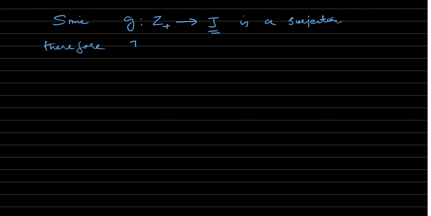so therefore there exists some k in Z plus such that g(k) is equal to n. Since g is a surjection and n is a member of J, you can find k in Z plus such that this holds.